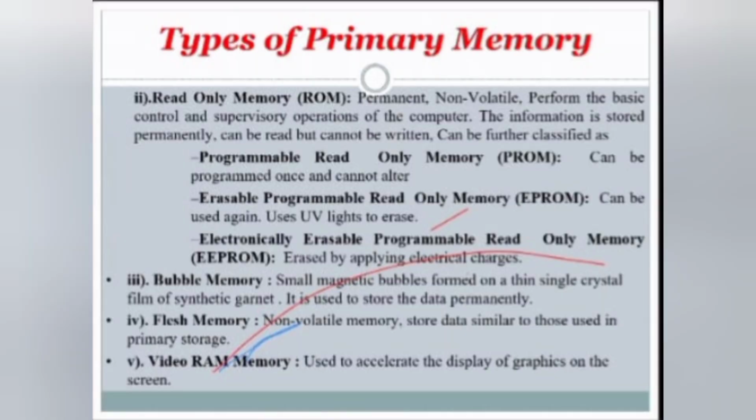Here we have first ROM. It is read-only memory that is permanent, non-volatile, performs the basic control and supervises the operations of the computer. The information is stored permanently, can be read, but cannot be written.